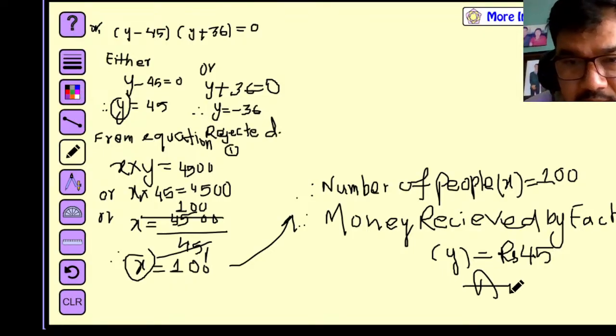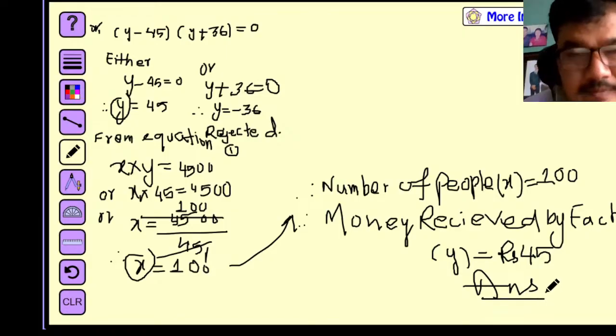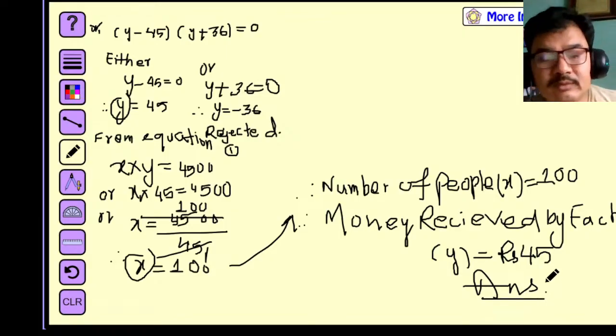This is the answer according to our supposition. Like this we have tried here.